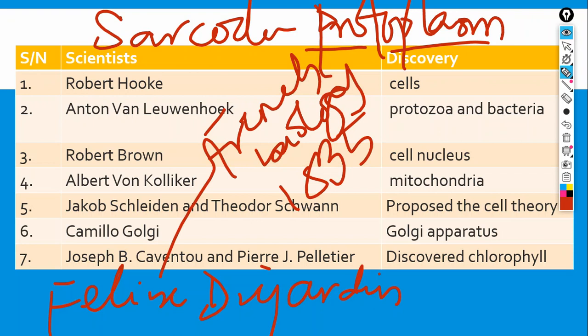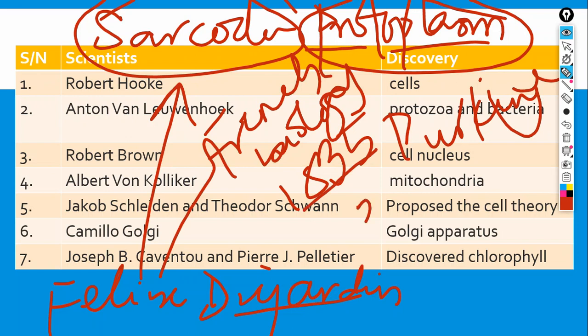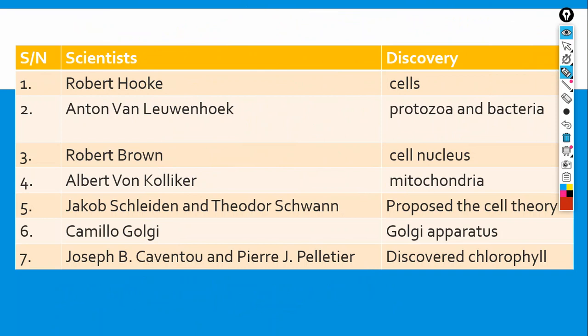Felix Dujardin named it sarcode, and it was changed to protoplasm by the person known as Purkinje just 4 years after he named it. So 4 years after this, I think that was 1839, right? So that is another scientist that I forgot to add to this slide.